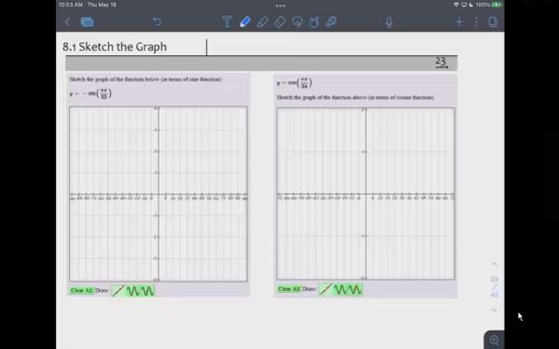All right. So what we're going to do when you are sketching is you need to establish what is the period. Okay. So when you are looking at the period here for this graph, the period for sine and cosine is 2 pi over b. Okay, so b is that multiplier in front of the x.